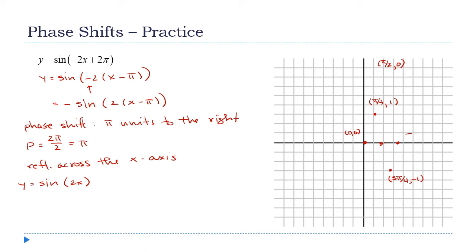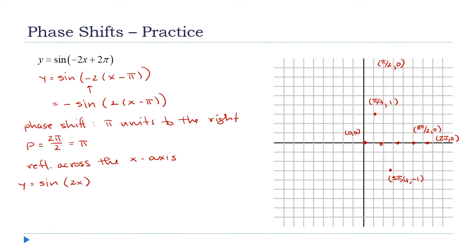Okay, now I like to do more than one period, so let's do these again. If I go out to (2 pi, 0), halfway in between these two is this middle x-intercept. What am I in the middle of here, right? This is between pi and 2 pi. So this is (3 pi over 2, 0).